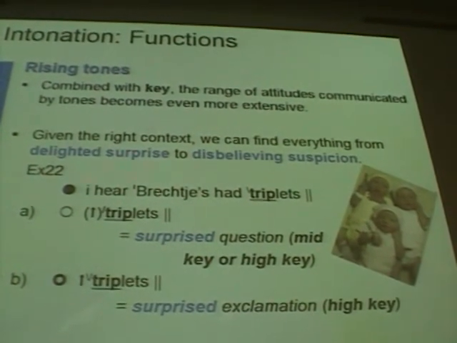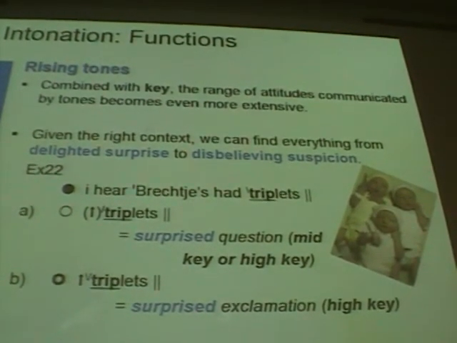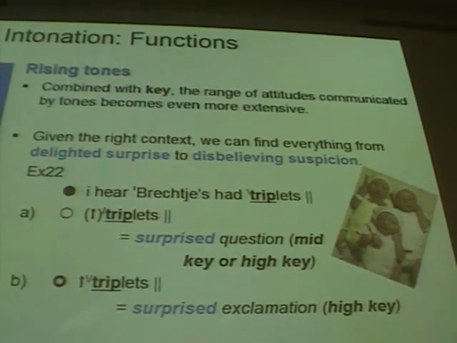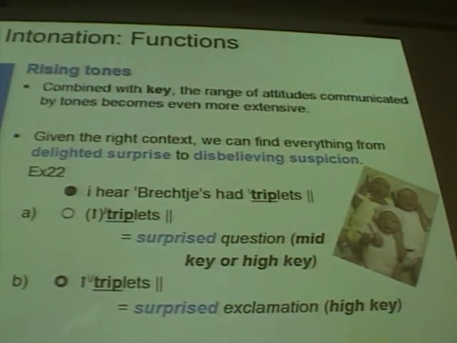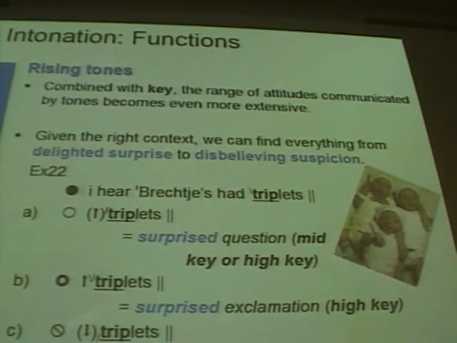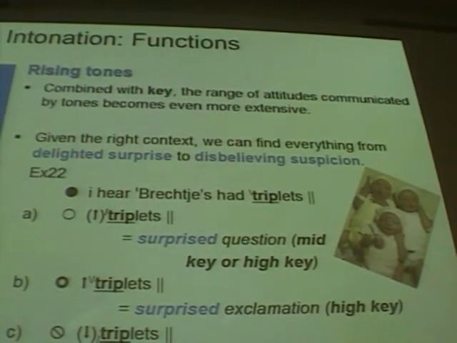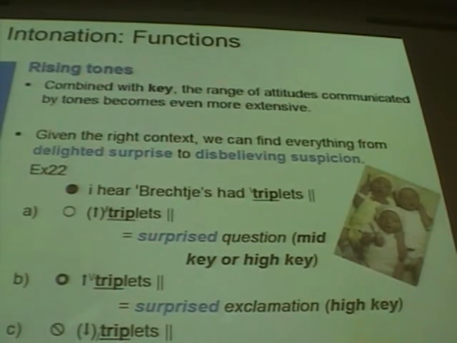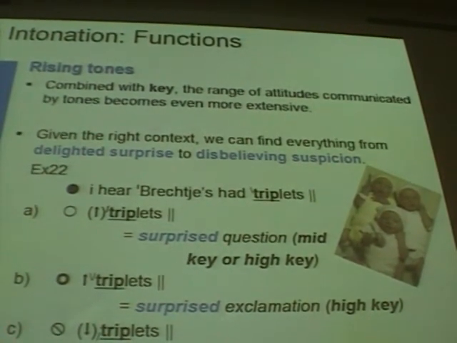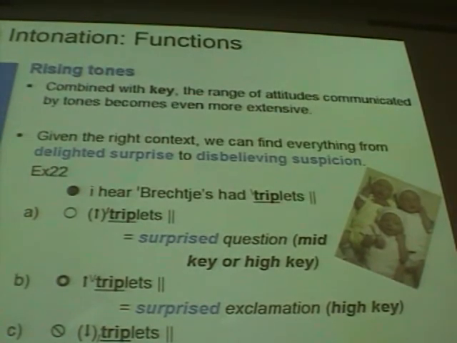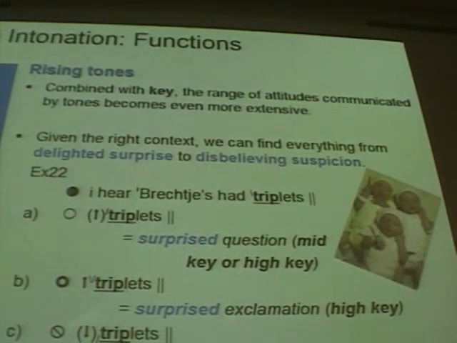"Triplets? Wow! Tremendous! We must go and visit them immediately." Great excitement, a surprised exclamation. "Triplets?" You're exaggerating again. Is that true? So, yeah, a very suspicious sort of question there.